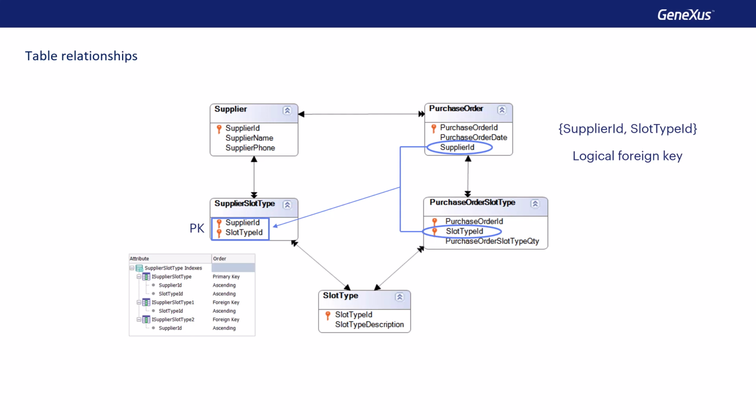The problem is that Genexus performs referential integrity checks if it understands that there's a physical subordination relationship between the tables. Therefore, it will not make them in this case, allowing you to enter a type of slot that's not provided by the order supplier.